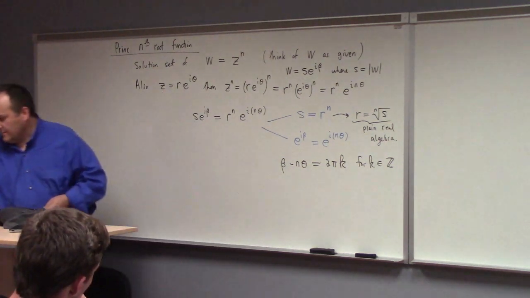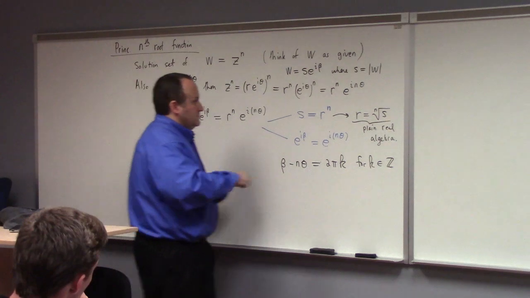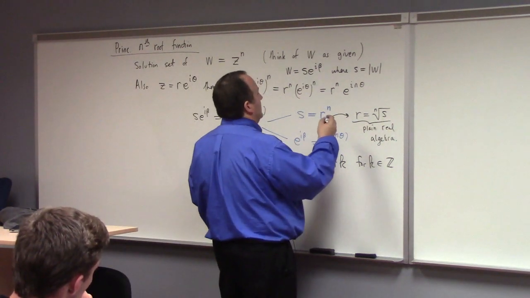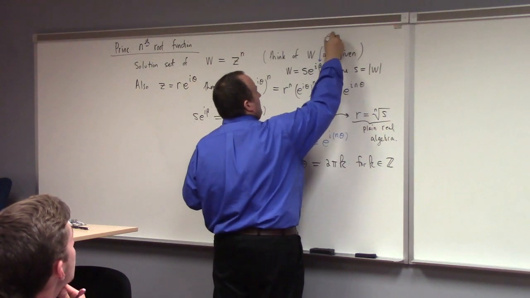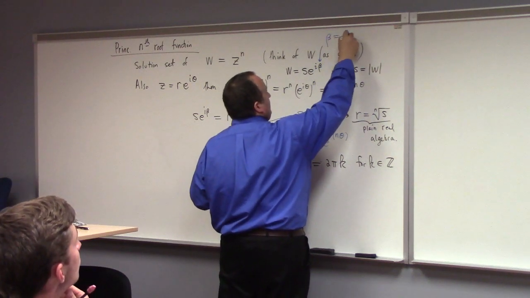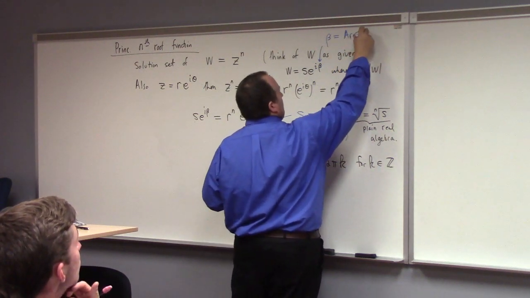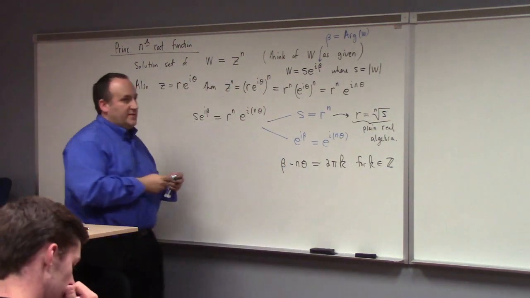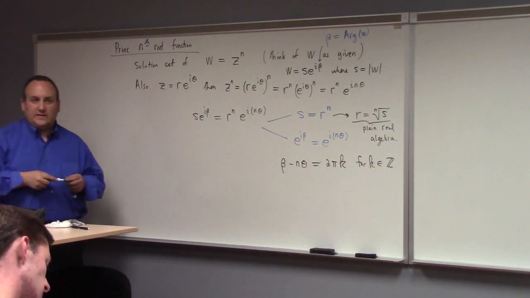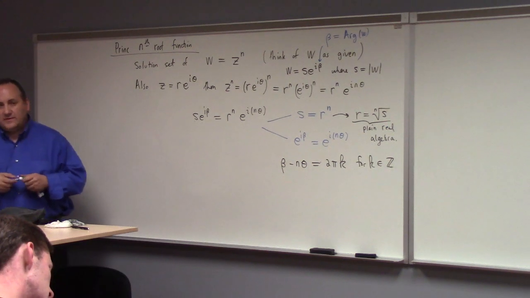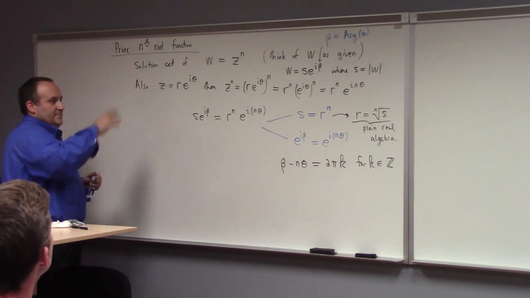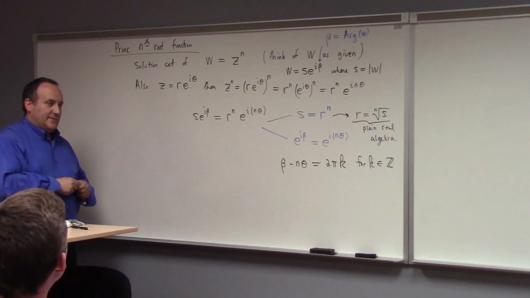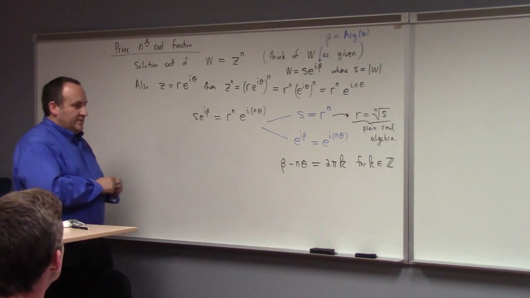So we can do that. For the sake of specificity, let me suppose that beta is the argument of w, the principal argument, namely the angle between minus pi, not included, and pi, included. So let's remove that ambiguity. Now solve this for theta.